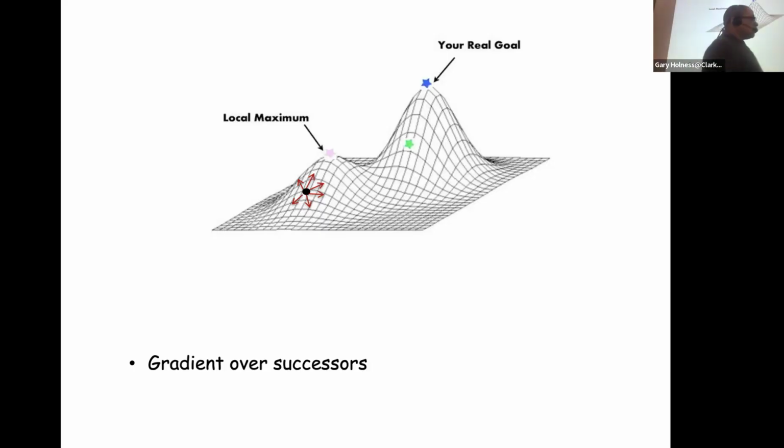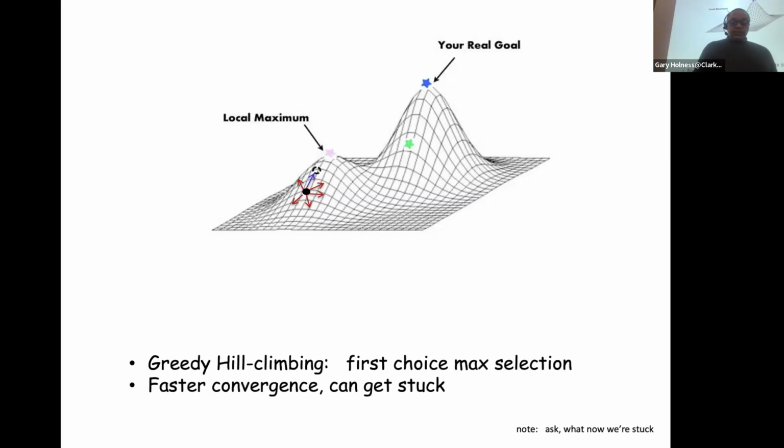And when you compute the local gradient, this difference between where you are and your immediate successors, you're basically measuring the slope along some plane in different directions fitted to this surface. So you take the gradient over your successors, and let's imagine your first choice is a maximum selection criteria. You're going to choose that successor whose objective measure on the surface is the largest relative to where you are, the steepest slope.